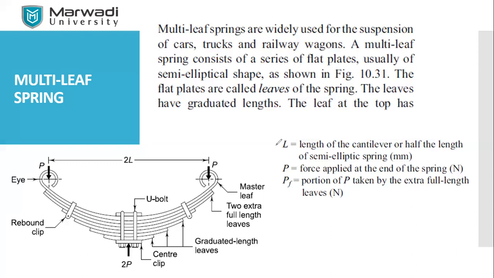These are graduated in length. If you consider the master leaf, it has the maximum length, and this kind of spring has different leaves decreasing in length. They are attached with the help of U-bolt and center clips.